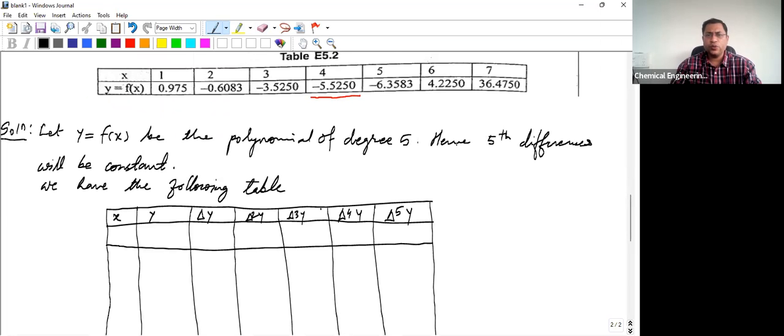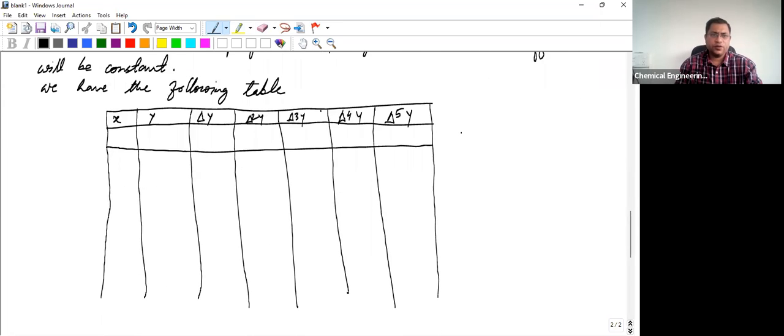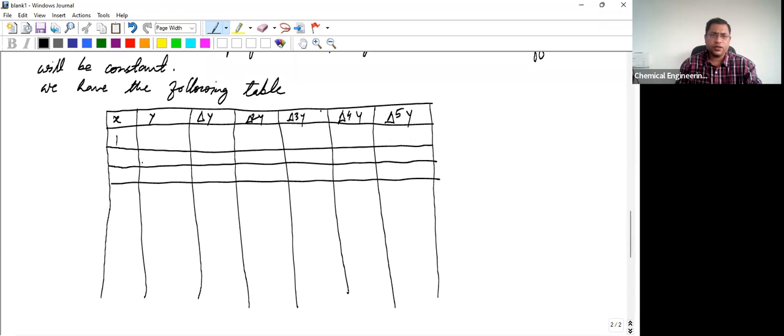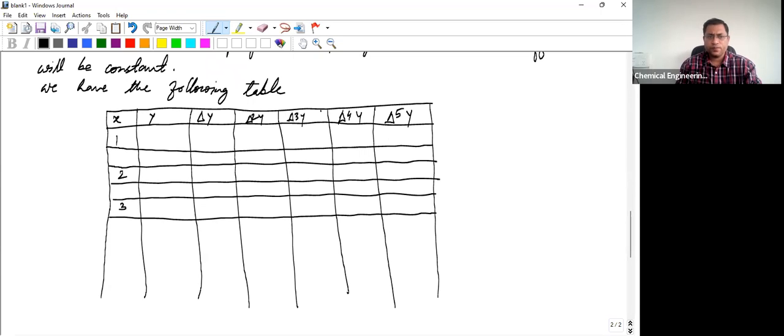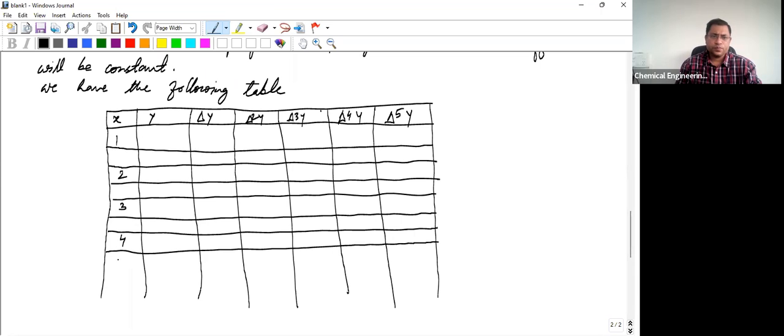So we have x from 1 to 7. This is going to be 1. We know the construction of the difference table, so one line we have to leave. It is going to be 3, it's going to be 4, five.